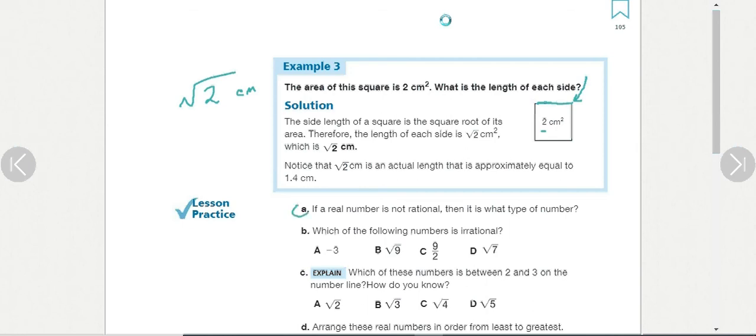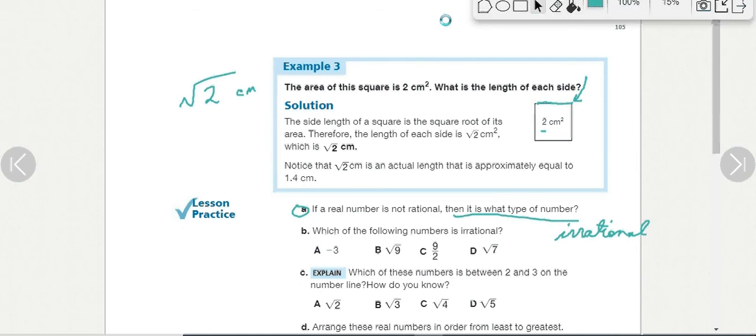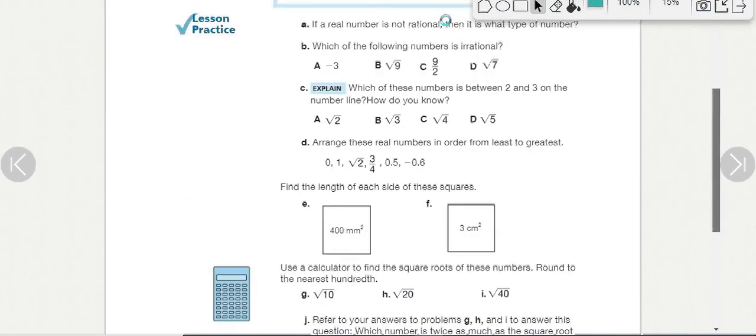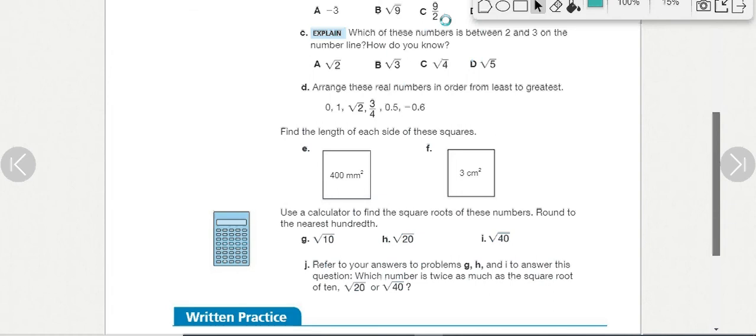Letter A, if a real number is not rational, it's gotta be, I believe, there's no other choice. One more time. A not rational number, we add the prefix IR and call it an irrational, because it's not rational, okay? Why don't you do the rest of these? I think you'll be just fine.